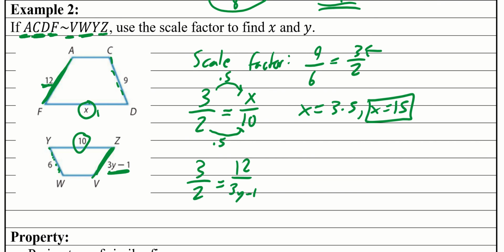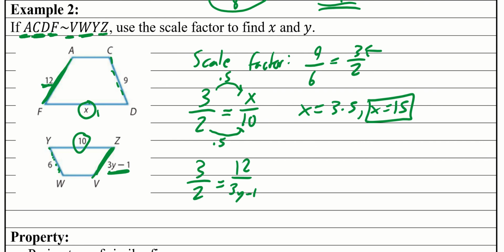On this one, if I'm trying to solve for the variable, I could try the same trick as before and look to see what I'm going to multiply by to get from left to right. But I actually want to talk about one different strategy that's going to be used a lot in this chapter. If this doesn't come out to be a whole number that I can find very easily to go from left to right, another idea I can use is what's called cross multiplication.